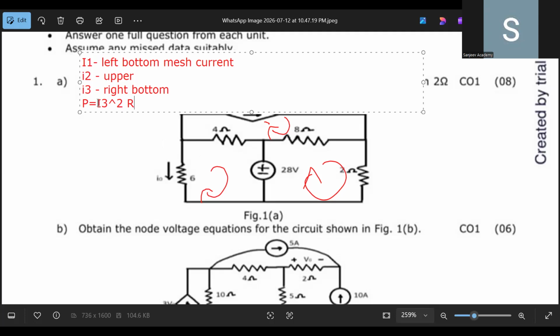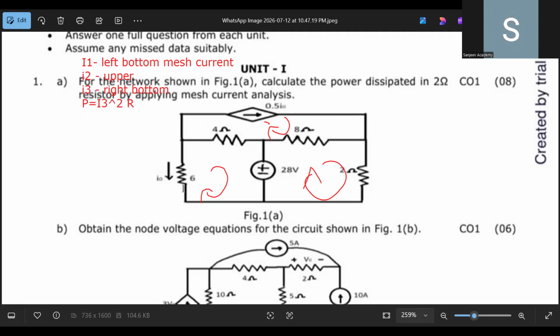And one more thing is the currents are clockwise, right? So I'll just mark something here. This is my I1.